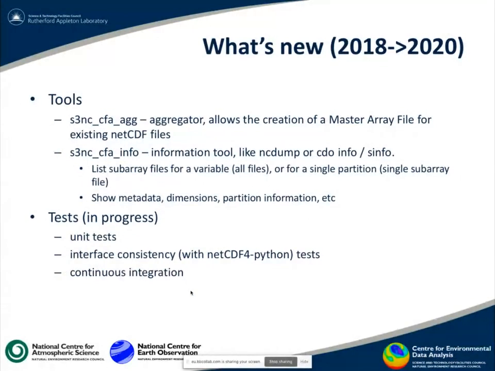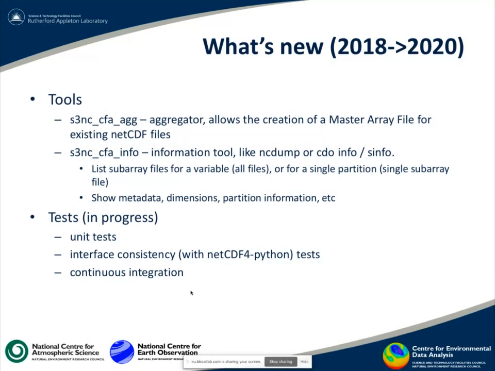So yeah, I've written some tools which have made things much easier. There's now an aggregator, and I'm using this to prepare a CMIP6 example data set, which I had hoped to show today, but time got away from me. This allows creation of master array files for existing Netcdf files. If you're aware of CMIP6 data, you have this thing called the DRS, which basically describes a directory hierarchy of where the data is stored.